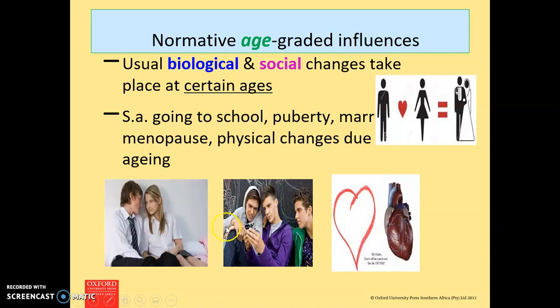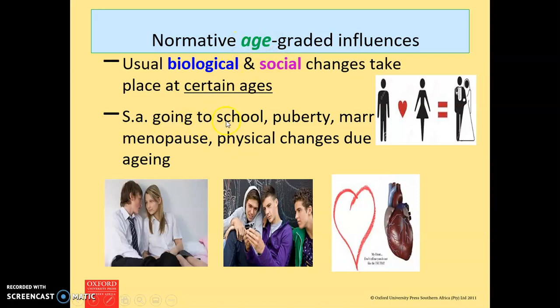When we're babies, we tend to have a close relationship with the mother and father, and then as we get older, we tend to get married, for example. Those refer to the usual biological and social changes that take place at a certain age. That's why it's called normative age, because this kind of normal behavior takes place at that certain age.